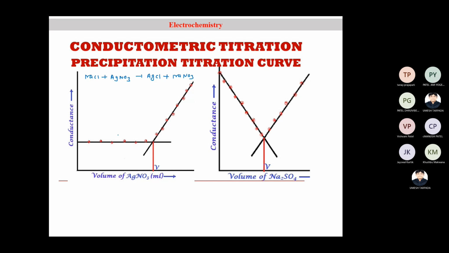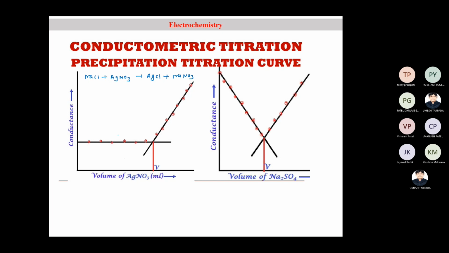Due to the formation of solid precipitates, conductance is produced only by free ions. If you have free ions, then you have a certain conductivity value, because mobility depends on free ions. If ions are free, they become mobile and can easily move.